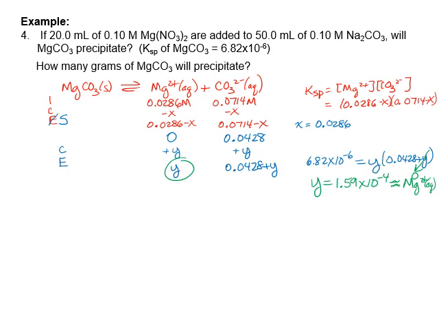But what we really wanted to find out was how many grams of magnesium carbonate would form. So the total amount of magnesium is going to be split between magnesium carbonate and the magnesium ion.